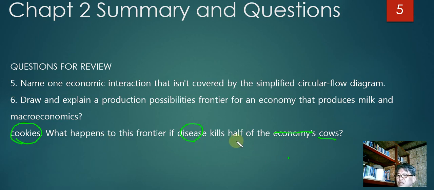So even if there is a big demand for cows, owing to disease deaths, the frontier curve does not move inside. The frontier curve is not influenced by the death of cows.